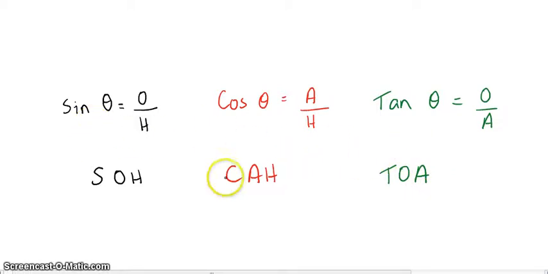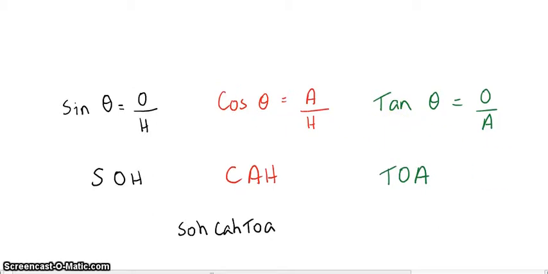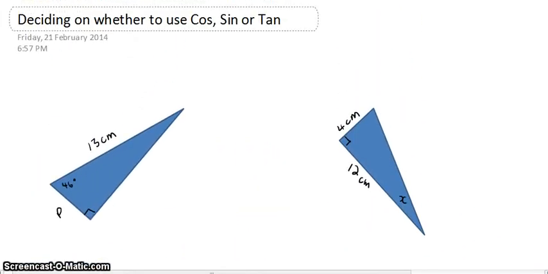SOHCAHTOA. If you can remember the word, and even write that down, you'll remember each of these formulas. You need to be very familiar with those formulas in order to use them to solve for the unknown pronumeral.